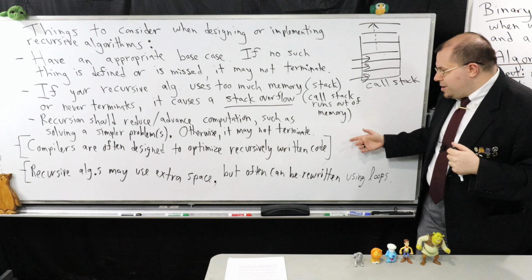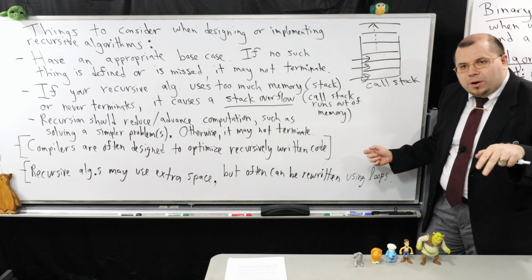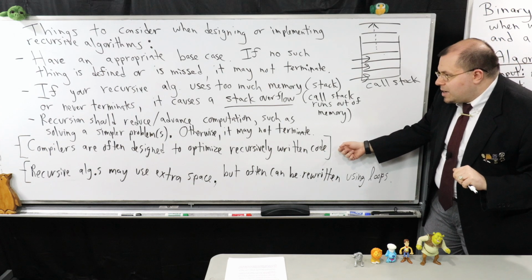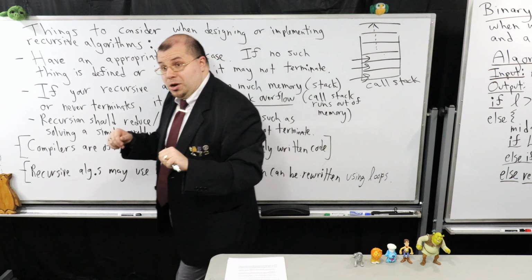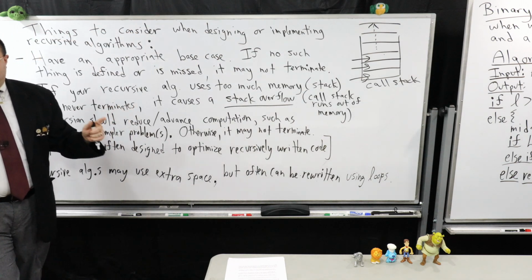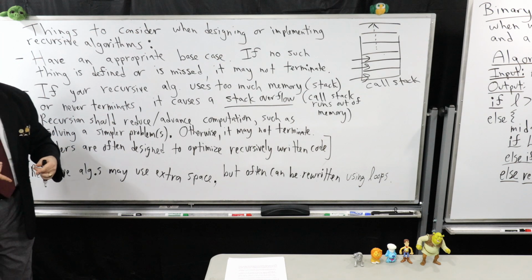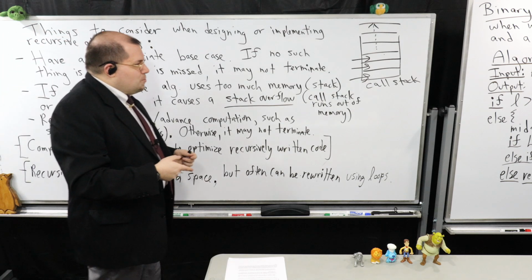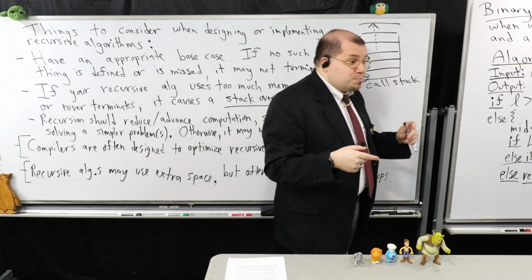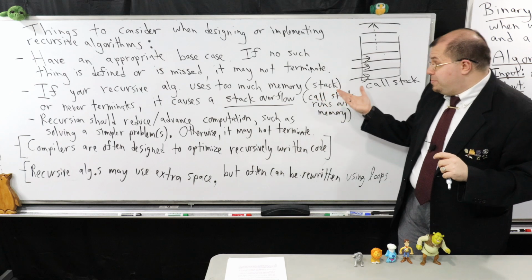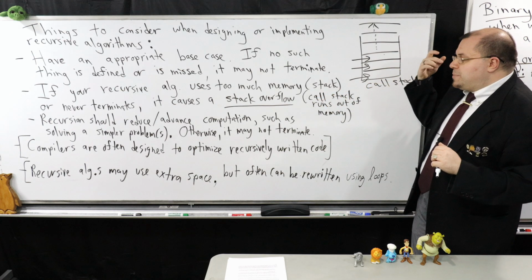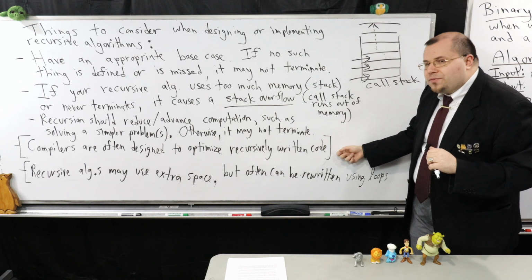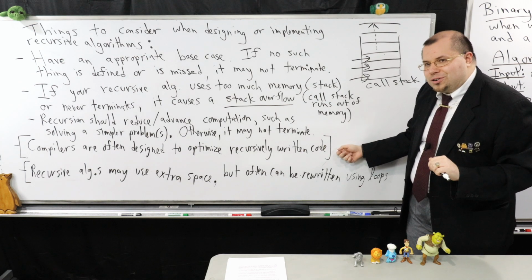Now, two things I wanted to point out, more pro and con points I want to touch upon, is that compilers are exceptionally good at optimizing recursively written code. Some programming languages are actually modeled all the way around recursion. So just be aware that even though there are some of these pros and cons I brought up, for example, being considerate of how much memory you use, keep in mind that compilers are often designed to optimize recursively written code.